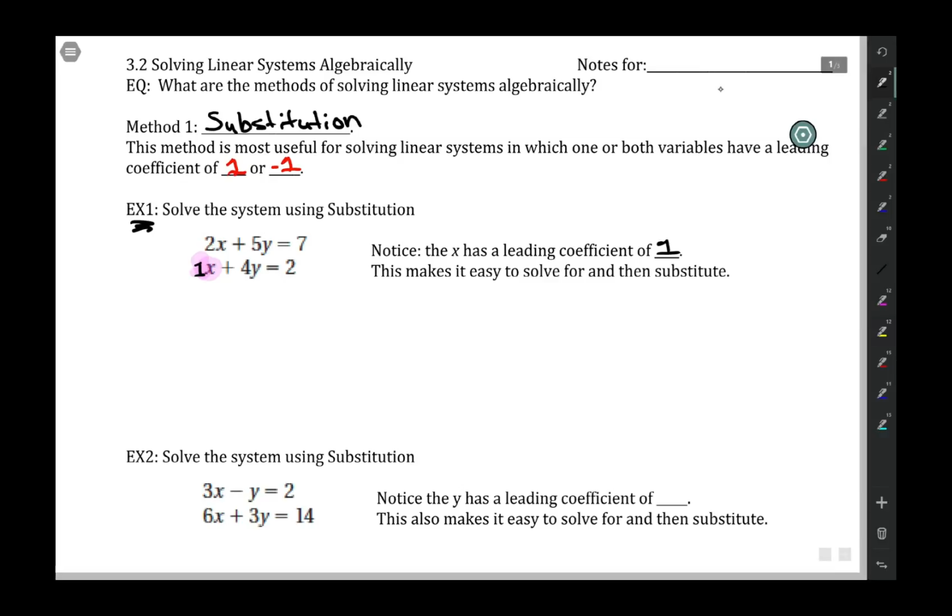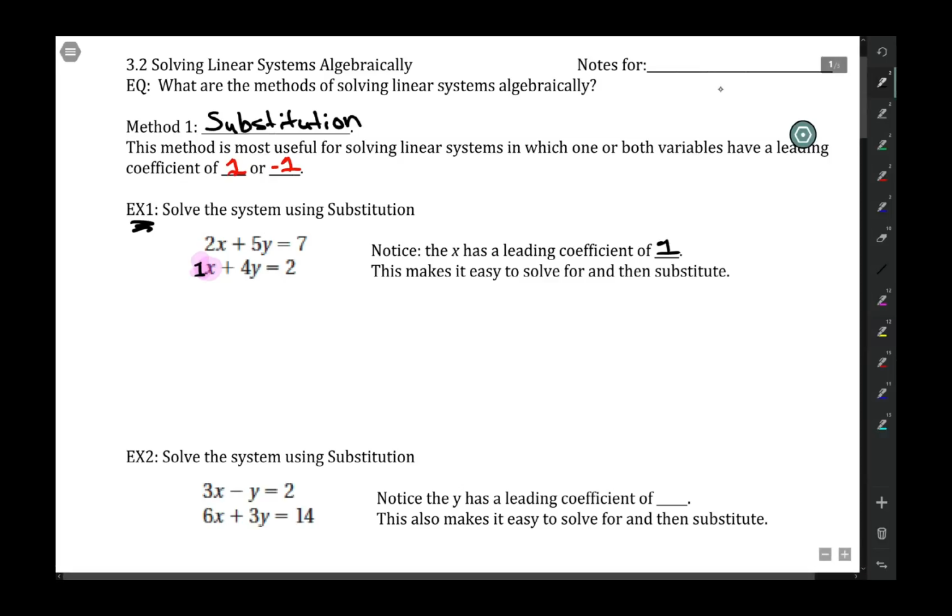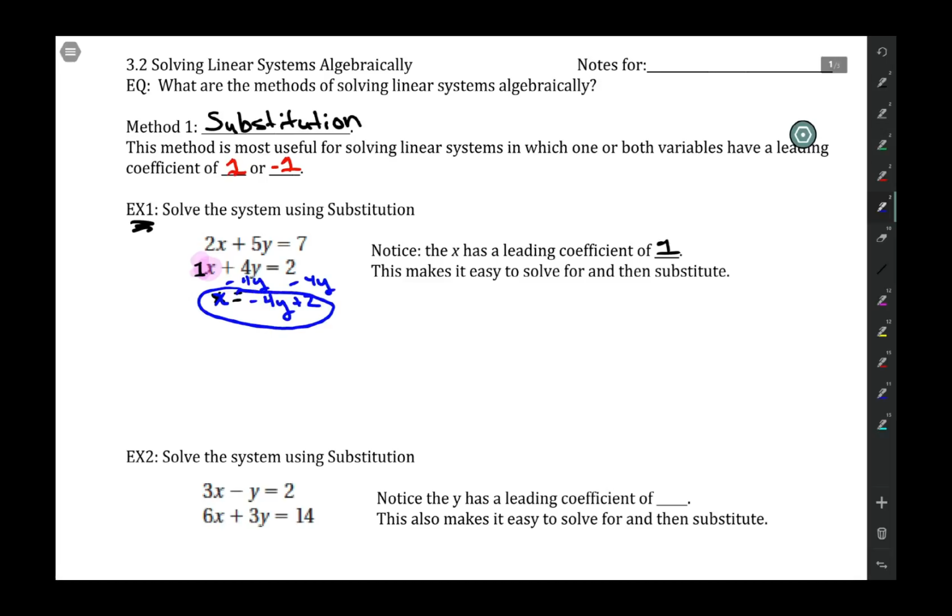So what we can do is move everything that's not this x to the other side, meaning that x is really, if we subtract 4y, it's really -4y plus 2. That is what x truly is. Now, we didn't really solve anything just yet. We just remade it so it's easier for us.